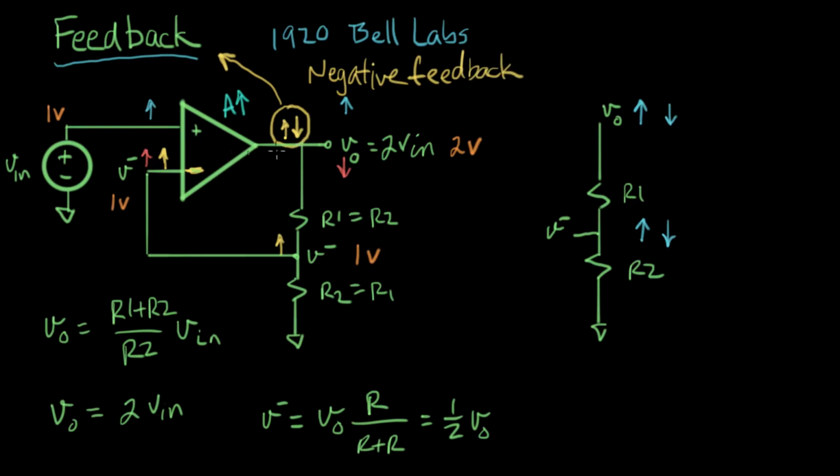And what it does for us is it provides us a way to exploit and to use this enormous gain that these amplifiers have to create really stable, really nicely controlled circuits that are controlled by the values of the components we attach to the amplifier. So that's the idea of feedback, a really powerful idea and really at the heart of analog electronics.